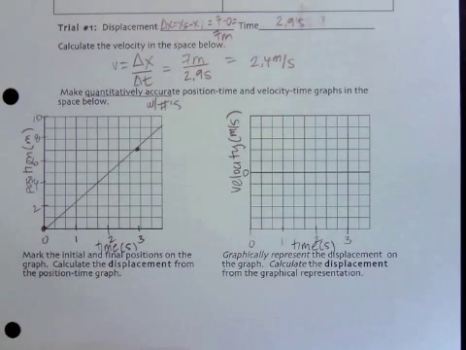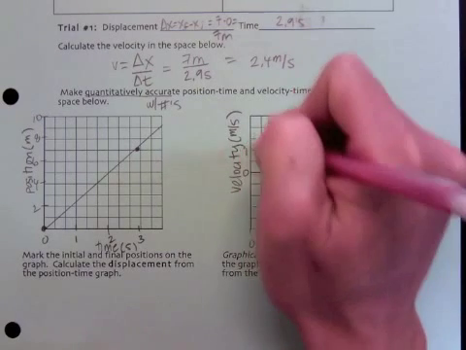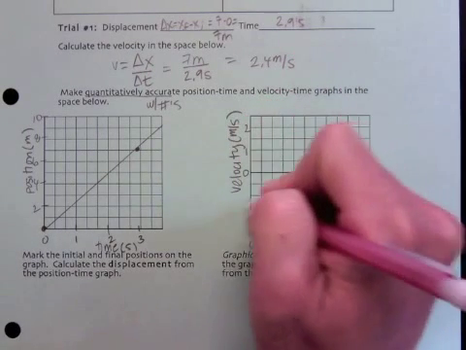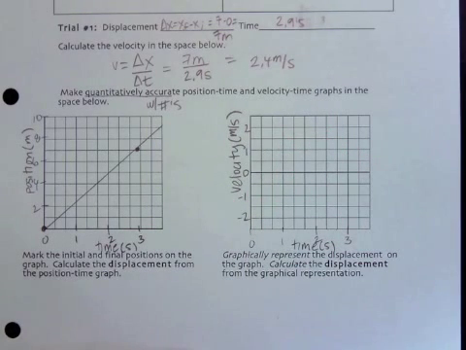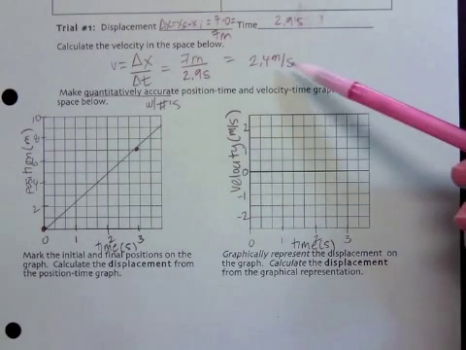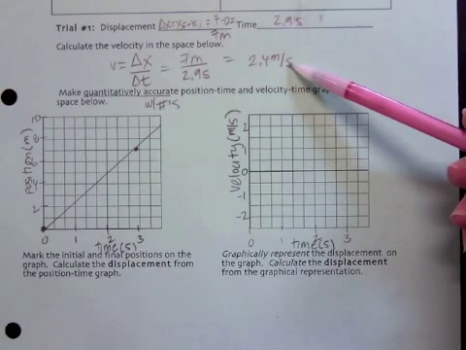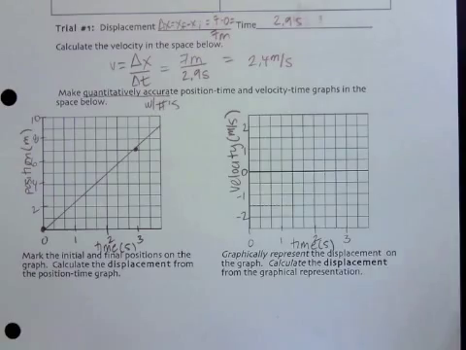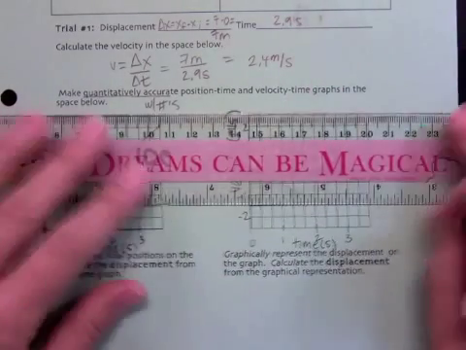Zero velocity is right in the middle. And since I calculated the velocity, my velocity would be 2.4, you calculate what your velocity was. And I'm going to draw a line horizontal at 2.4.